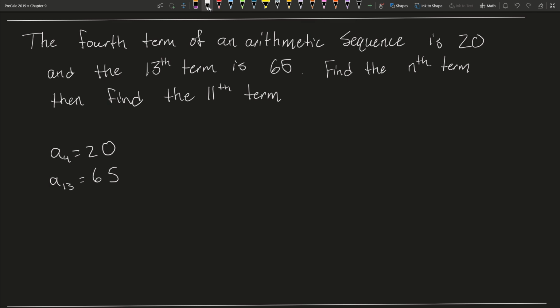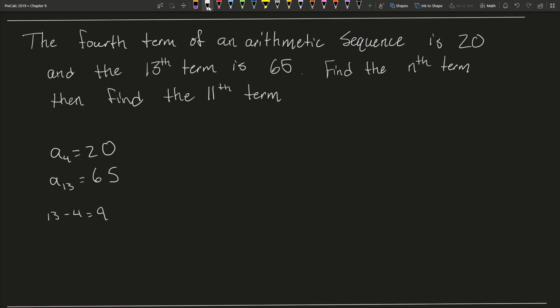So we need to determine how many terms are in between 4 and 13, which is just 9, right? So if we divide the difference between 65 and 20 by 9, we'll get our common difference, right?